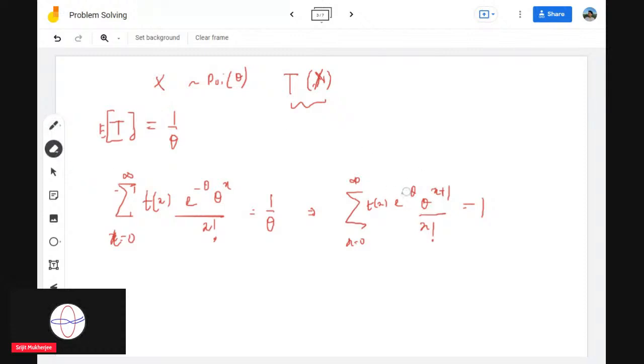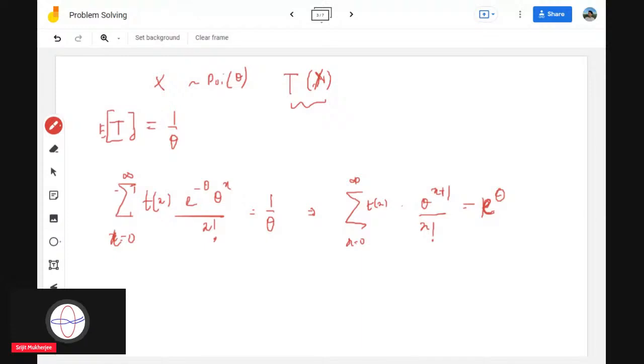And I guess if you multiply by theta e to the power theta on both sides, e to the power theta has some expansion, right? So what is coming out from here? Can you tell me?